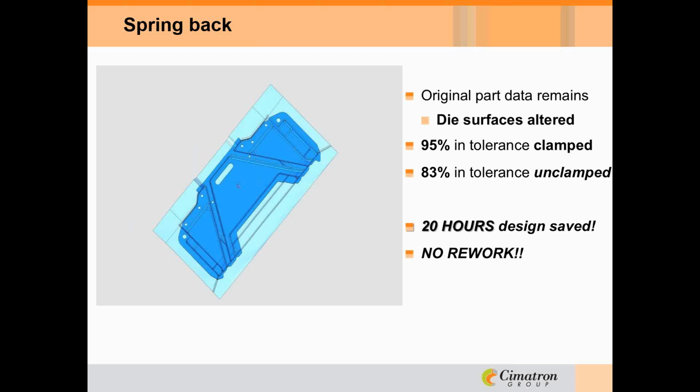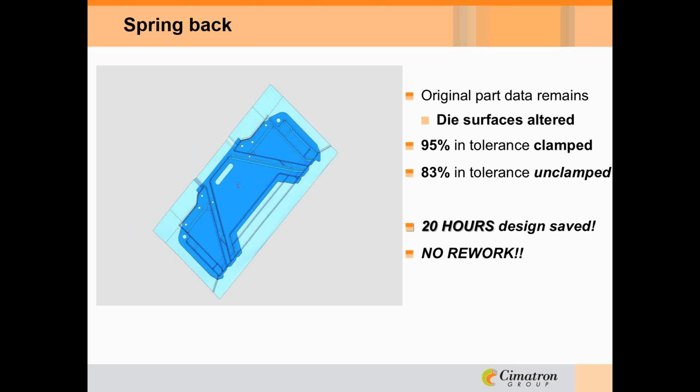Finally, here are the results that you can look at. You can see that the die surfaces were altered, and when we took a check on it, putting it on a fixture, we found that it was 95% in tolerance. So understanding that that would be about where it would be when it was assembled, at 95% good, the customer said that part will work, the functionality works.